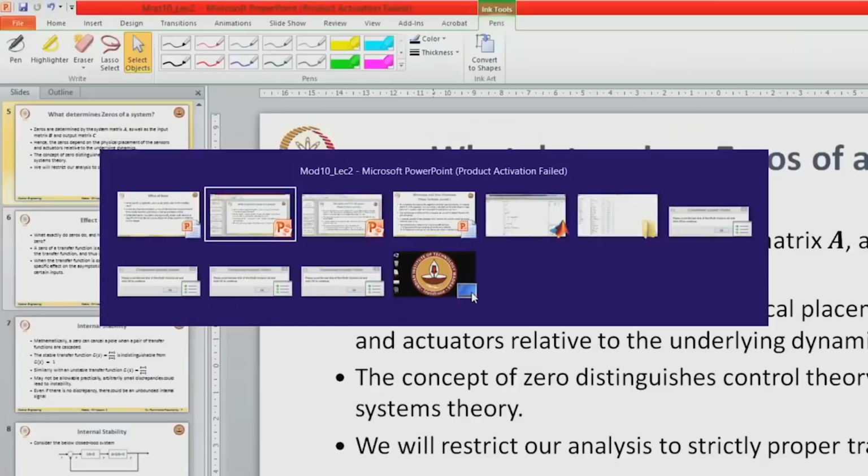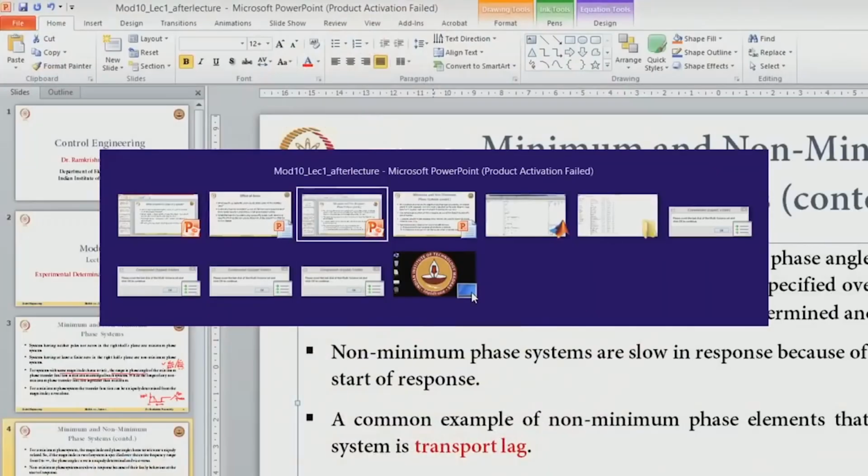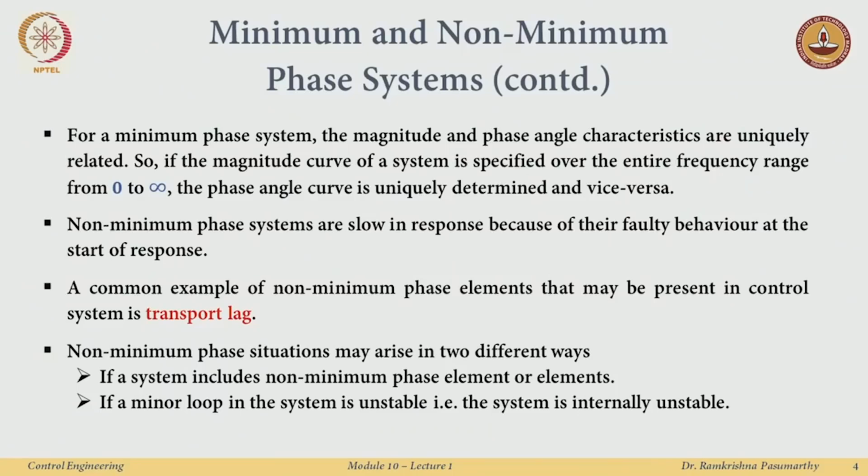So let's just revisit the slides which we had last time. What we will in this lecture typically be interested in is non-minimum zeros, where the zeros are in the right half plane. What we discussed last time: how do I distinguish between minimum phase and non-minimum phase via the Bode plot?